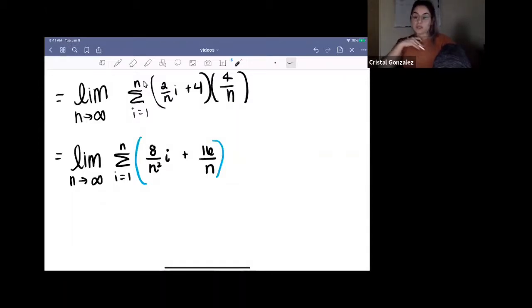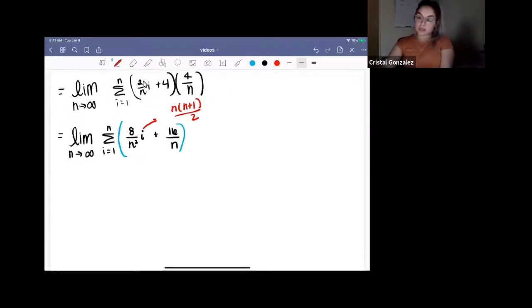And so what I can do now is replace this i by its formula, n times n plus 1 over 2, because remember that the sum from i equals 1 to n of i is equal to n times n plus 1 over 2.